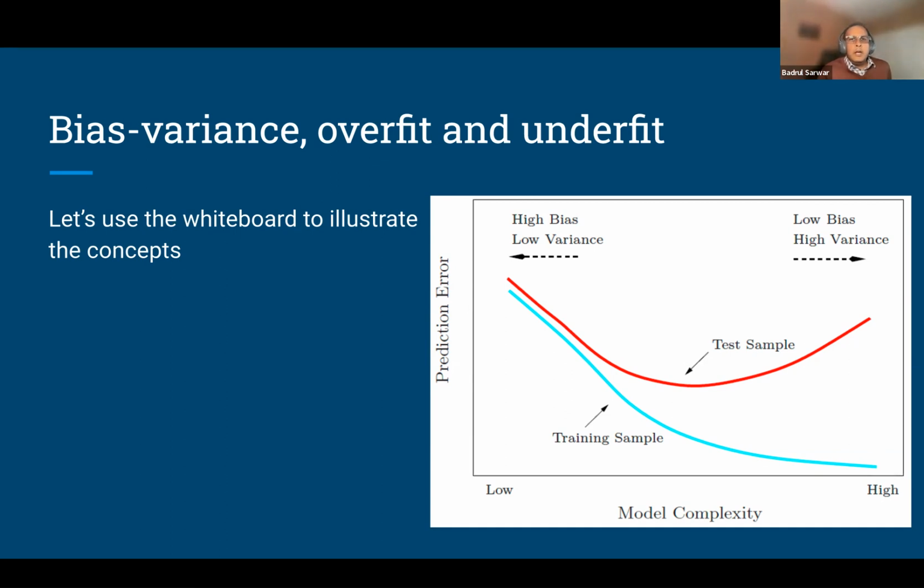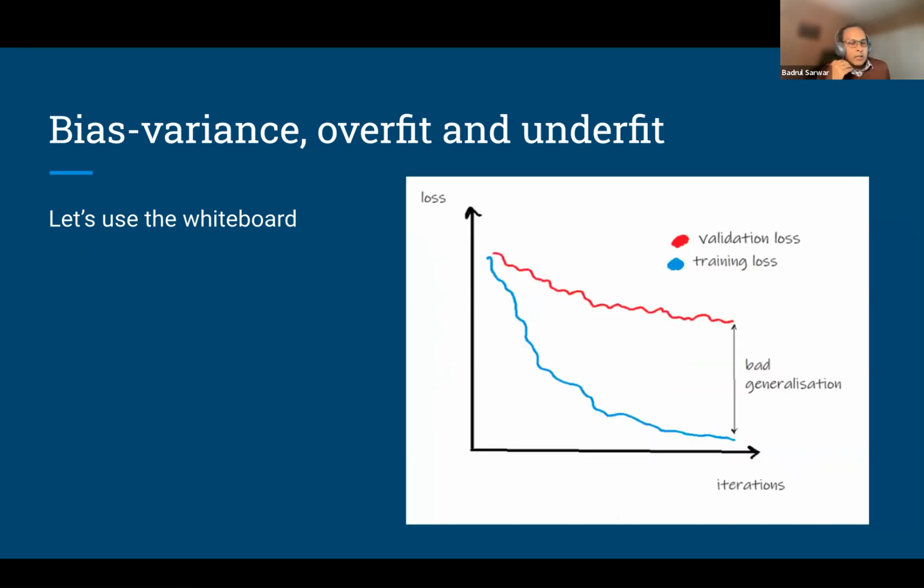We often try to find a trade-off between these two. This is the definition of bad generalization, which we see mostly in deep learning and other processes where we have very good performance in training but very bad test performance. So this type of situation must be avoided.